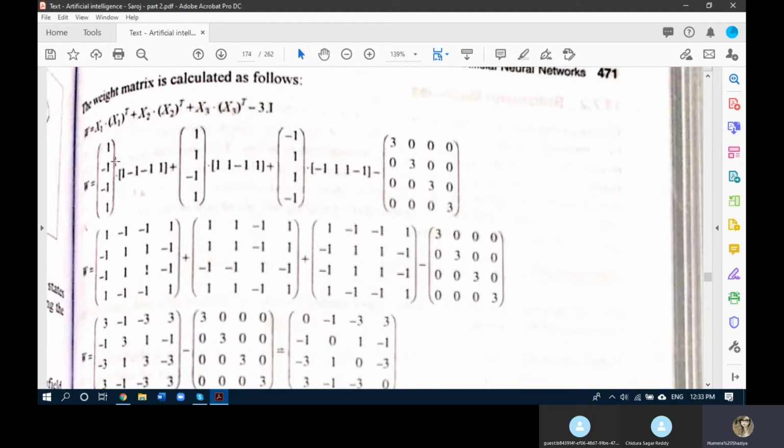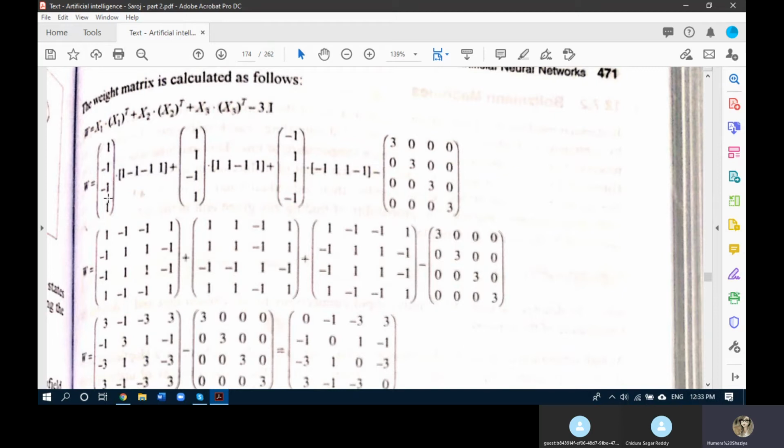This is x1 and this is x1 transpose. 1, minus 1, minus 1, 1, and if you transpose it, you get it in row order, because in a matrix transpose you convert columns into rows. You are getting the row of this column: 1, minus 1, minus 1, 1 in row format.